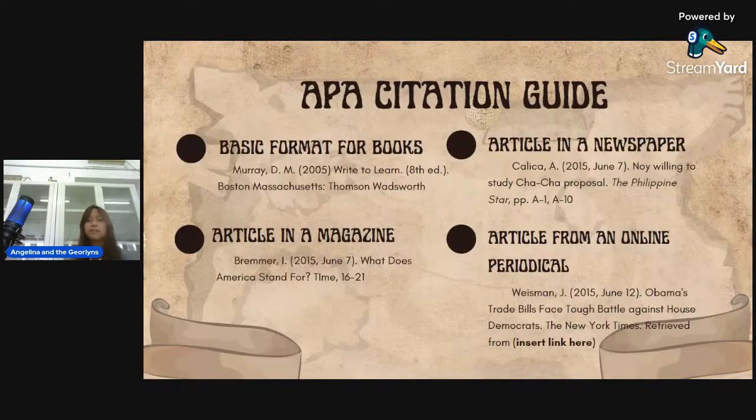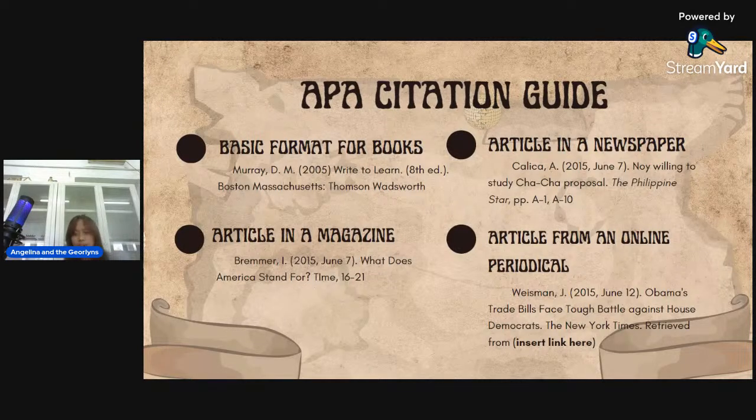So here are examples of when we use citations. The basic format, if your source is from books, is the name and then the year, and then the name of the book and its edition, and then where it's from. From a magazine it is similar to the books, but here the page is identified in the citation.